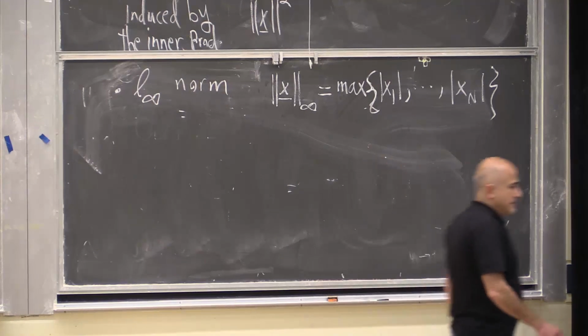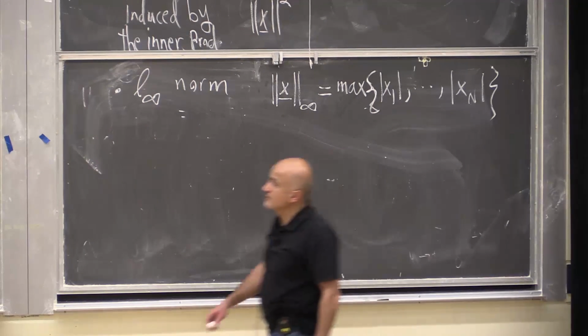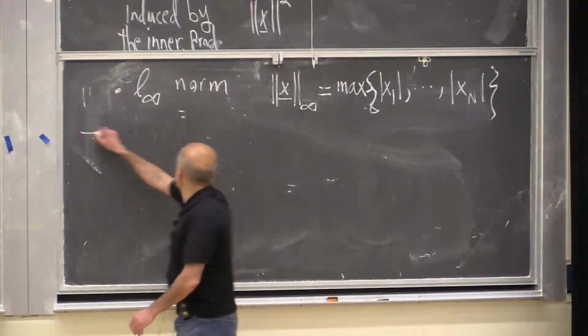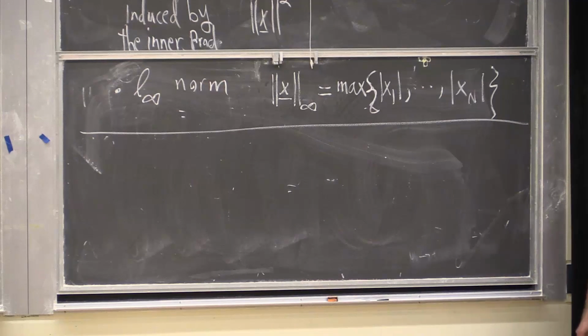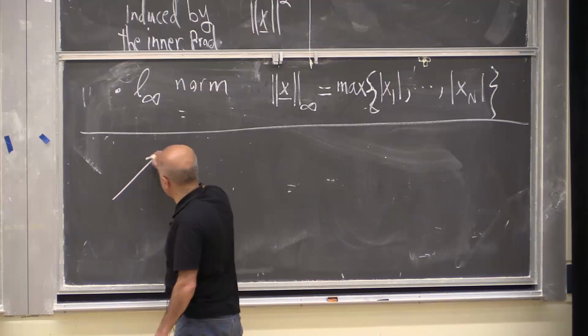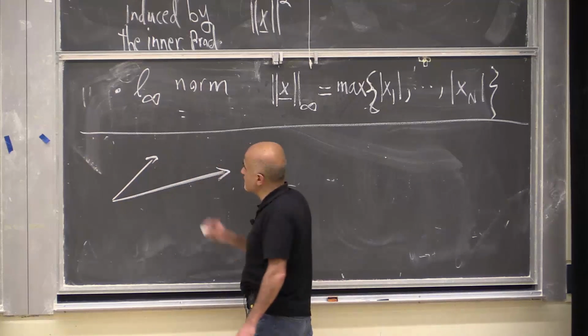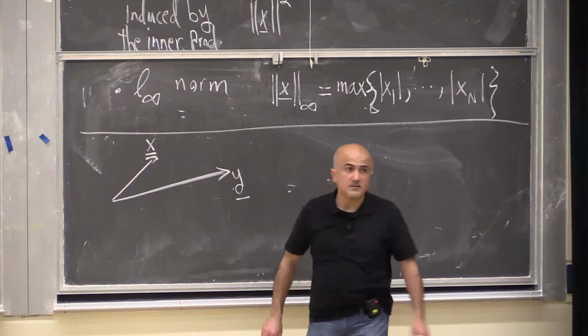Okay, so the norm also helps us determine distances between vectors. So let's go back to the 2 norm. Any questions on what I've done before I move on? Okay, cool. So the norm that we're going to use is also going to tell us the distance between 2 vectors.